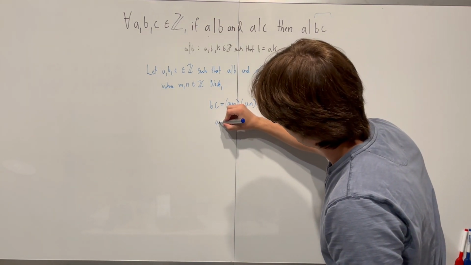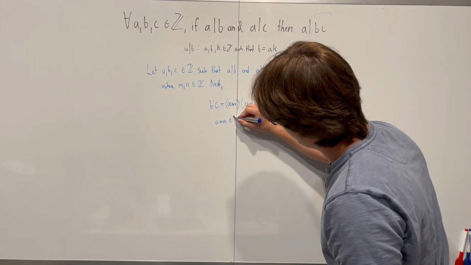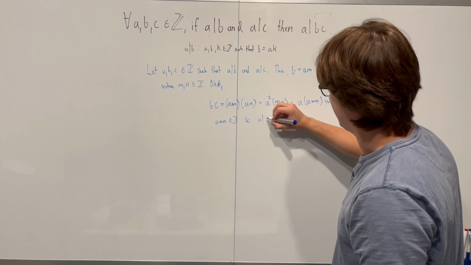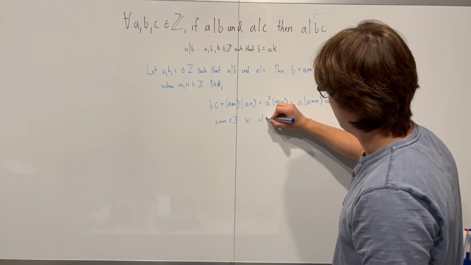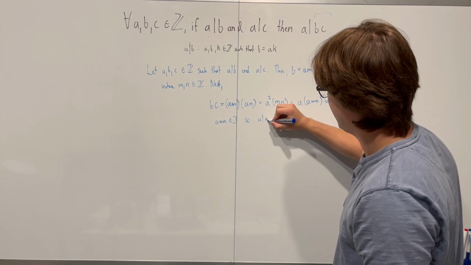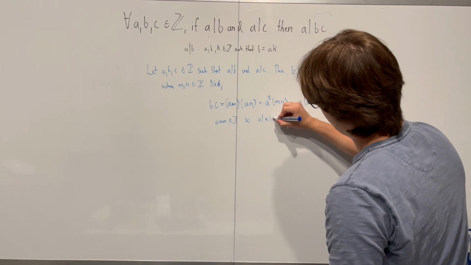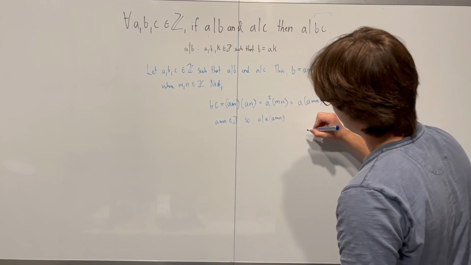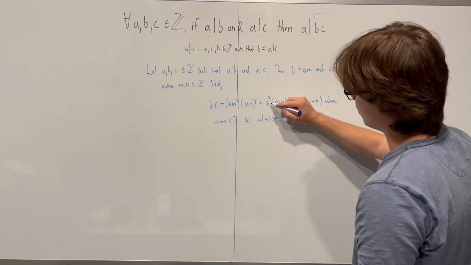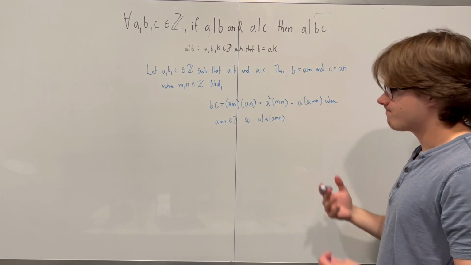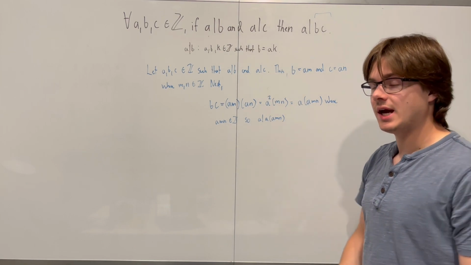Where a, m, n are in fact integers, so a divides a times amn. Maybe you could argue that a divides a squared mn, and you would need to prove that too.